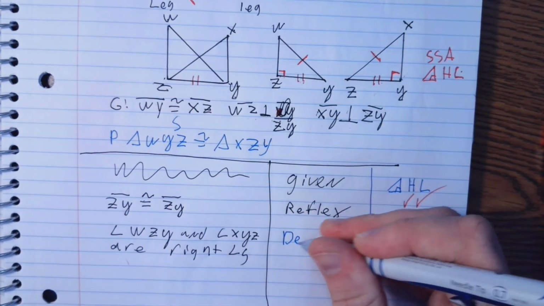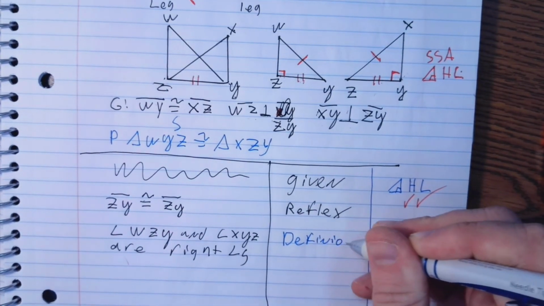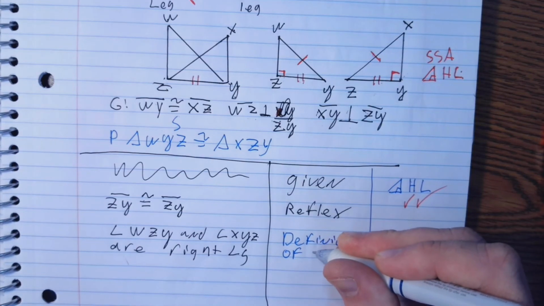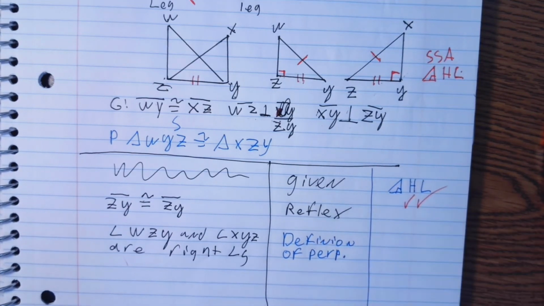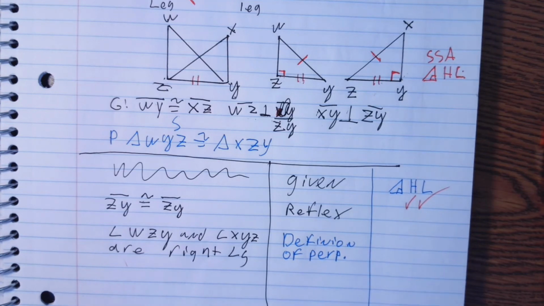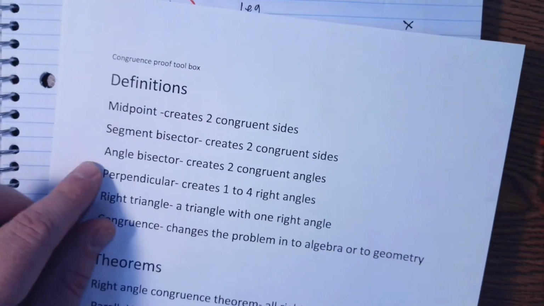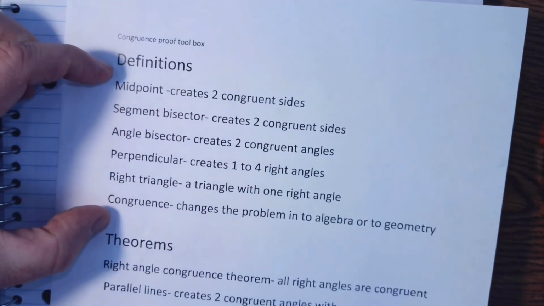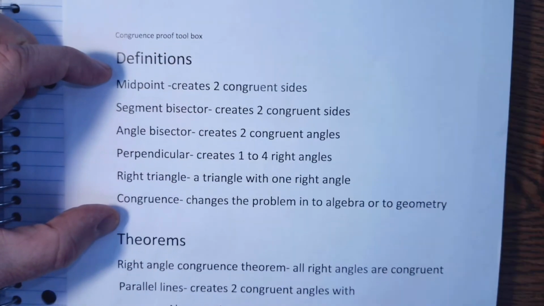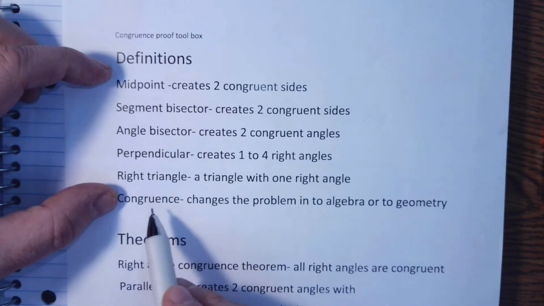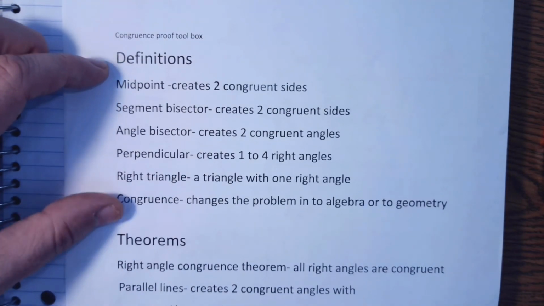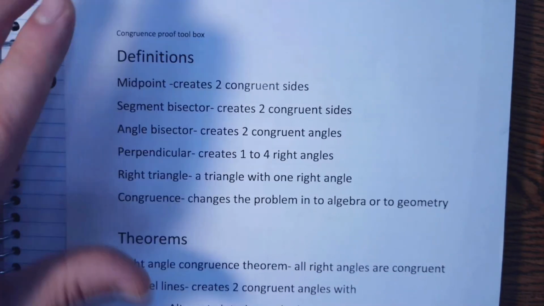Definition of perpendicular. Okay. You see how I use my toolkit to remember what I'm supposed to do? Because those are all definitions, right? And this is wrong. No, that's right. That's still right. Okay, I was like, that's wrong. I need to move that. Nope, that's still right.